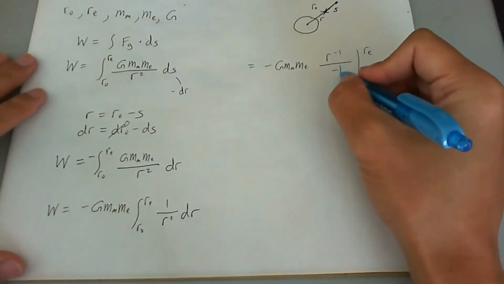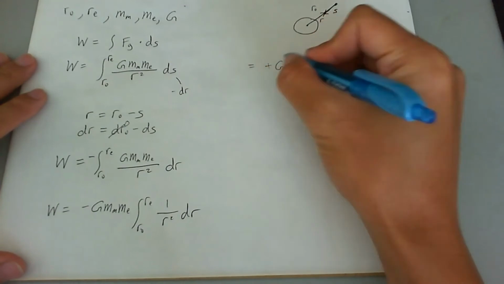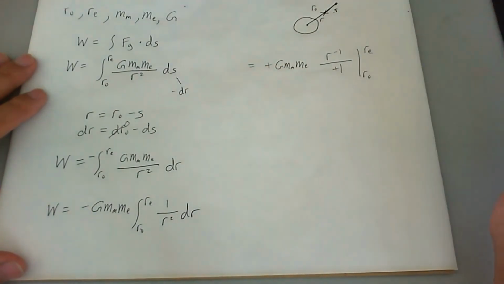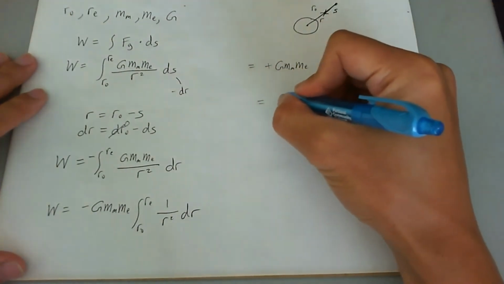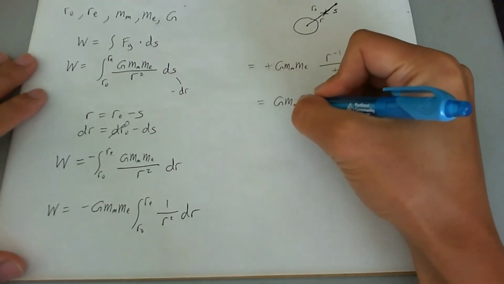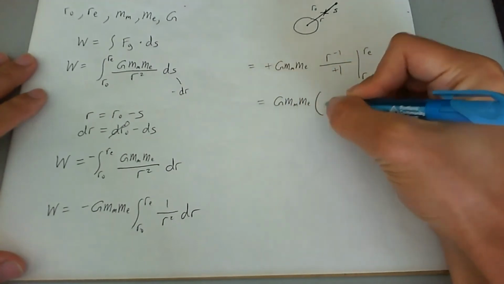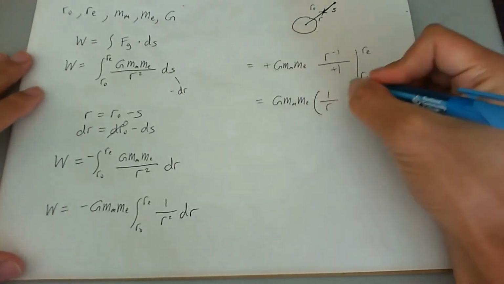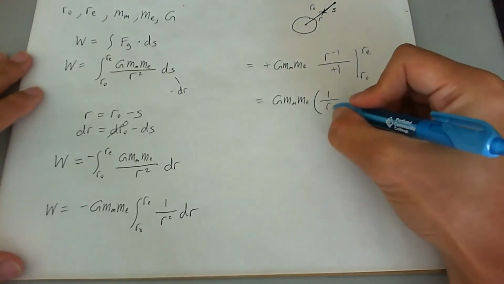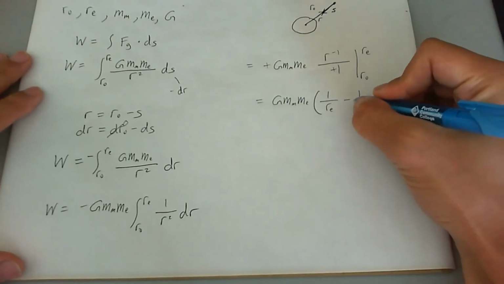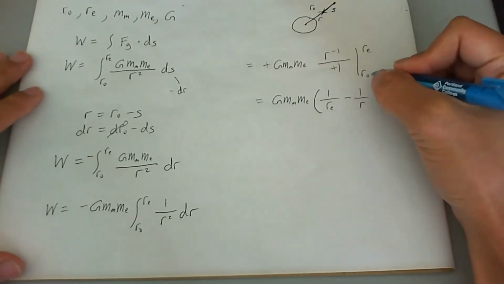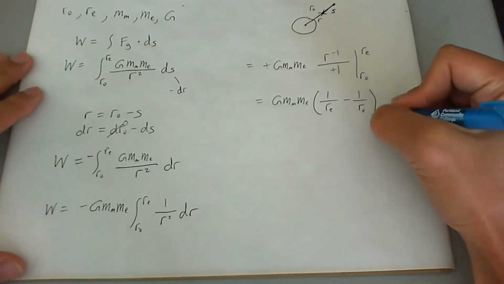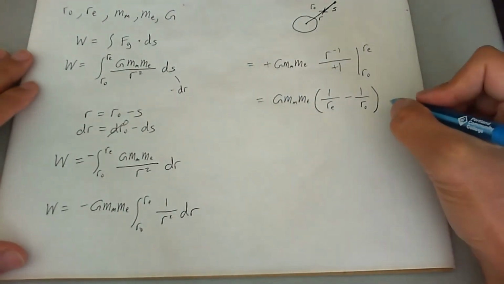Let's bring this negative 1 out in front, which would cancel out with this negative 1. And we'll have G, M sub M, M sub E. Now this is just going to be 1 over R, where we replace R with R sub E, minus 1 over R, where we replace R with R naught. And this is going to be our final answer.